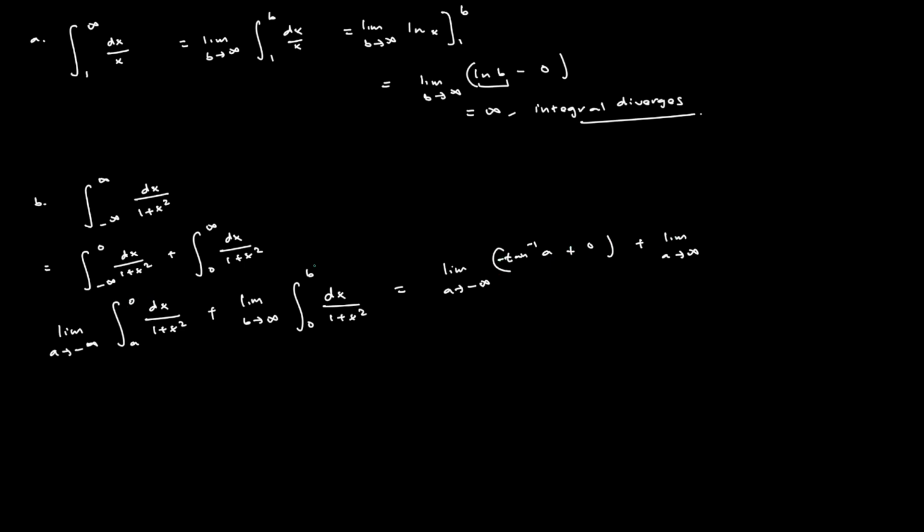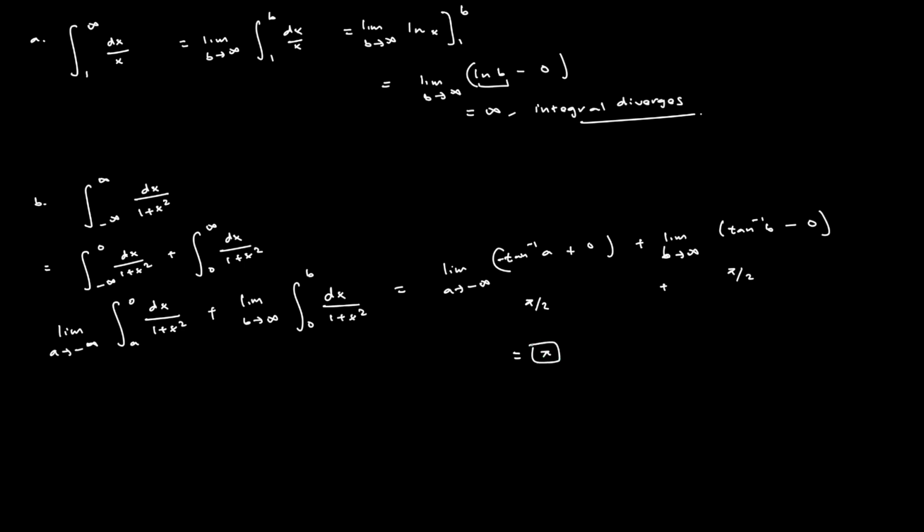Then plus the limit as b tends towards infinity of tan inverse of b minus 0. As b tends towards infinity, tan inverse of infinity is simply pi over 2. And then the tan inverse of negative infinity is negative pi over 2, and we have that negative sign in front, so that will evaluate to pi over 2. And so pi over 2 plus pi over 2 is simply pi.